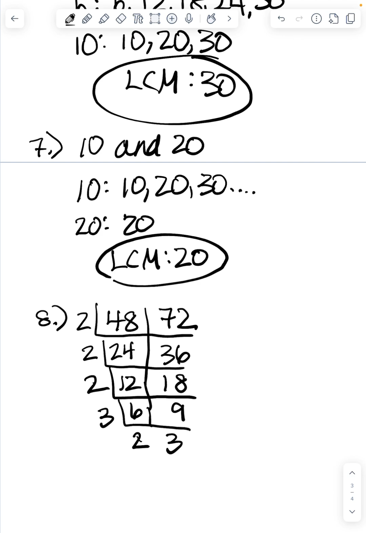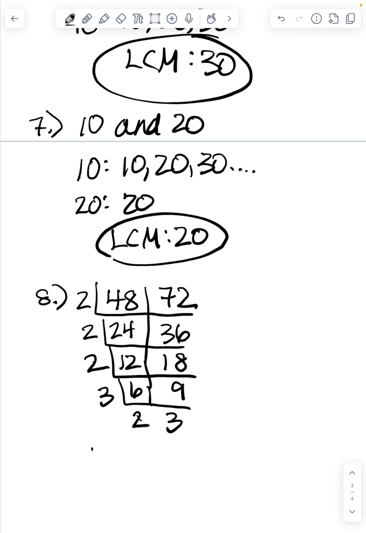Okay, so this is our prime factorization. When you are looking for the prime factorization for the LCM, you're going to be multiplying all of these things. So it's different than the GCF, where you just multiply the stuff on the ladder on the side. Now you also have to multiply the things across the bottom.